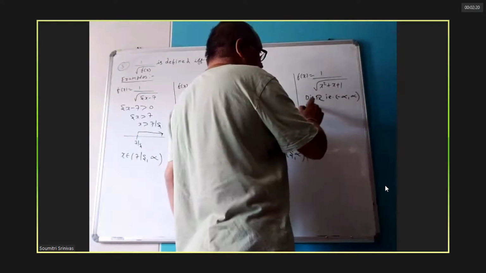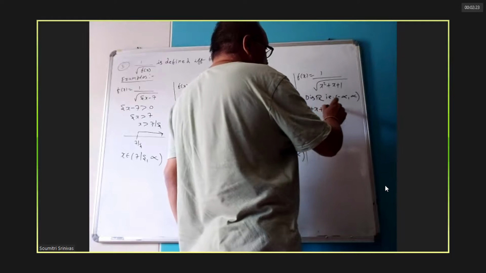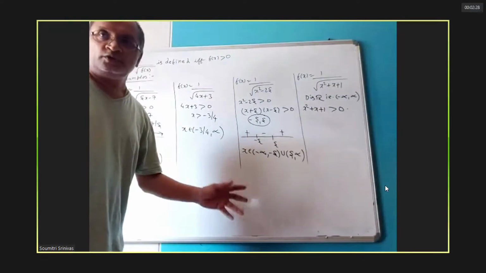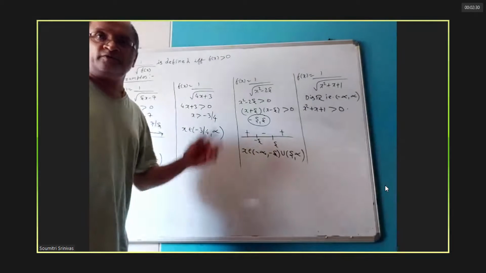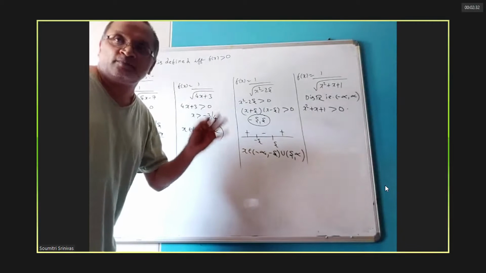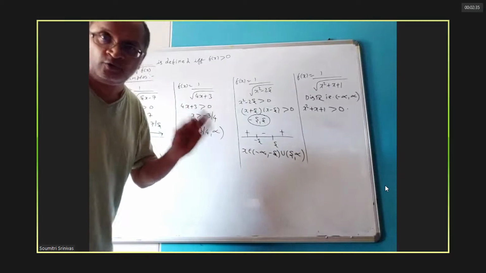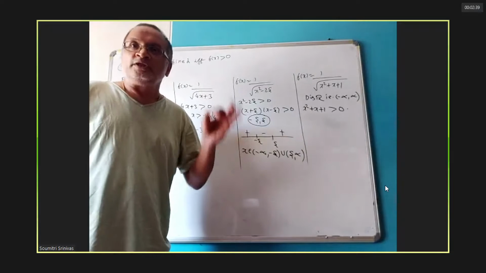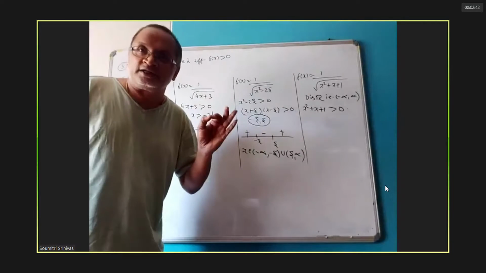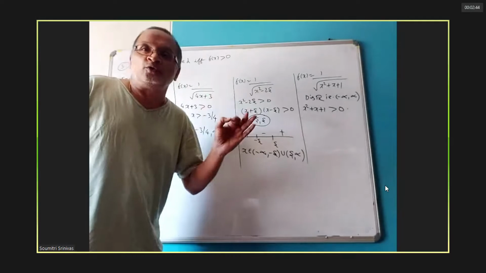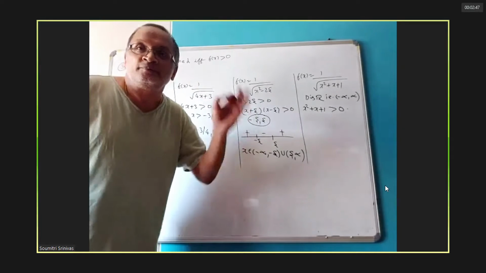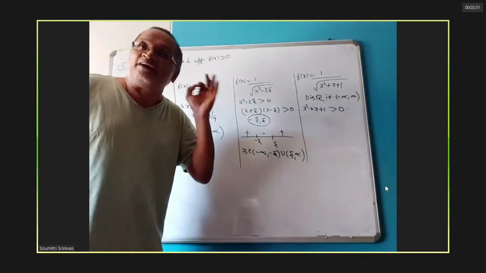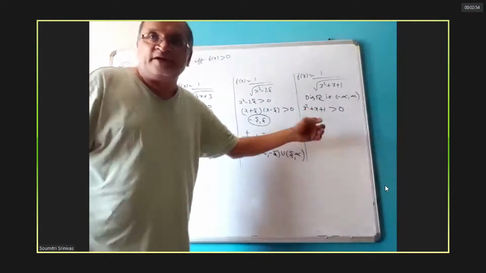X square plus x plus 1 should be greater than 0. This is always true. What was the method I told? Whenever you don't have factors, look at the board. Does this have any factors?